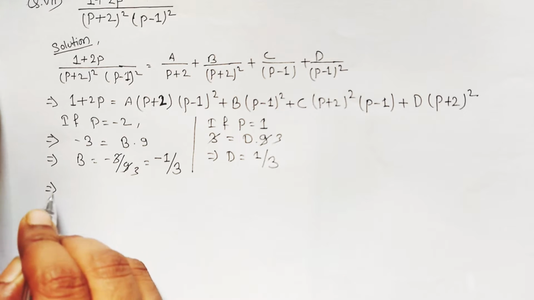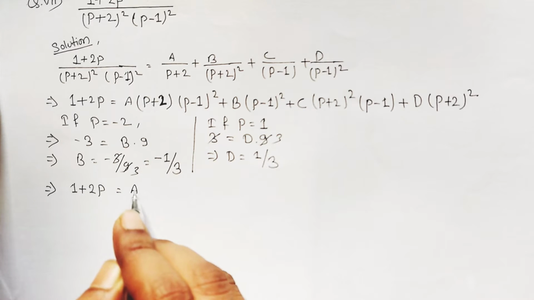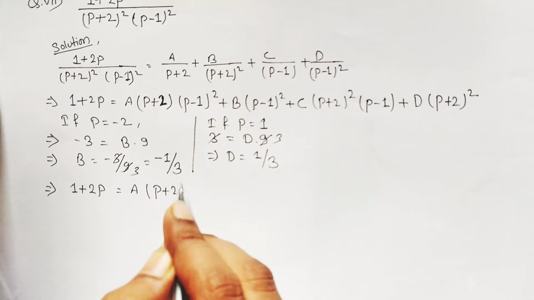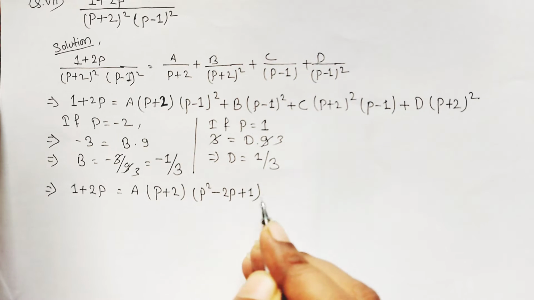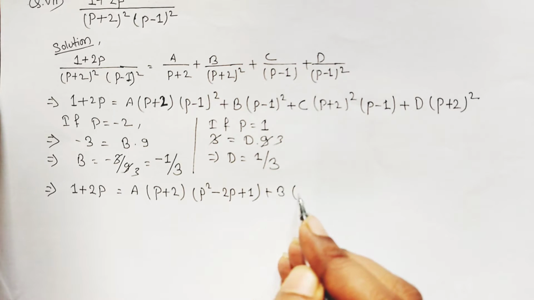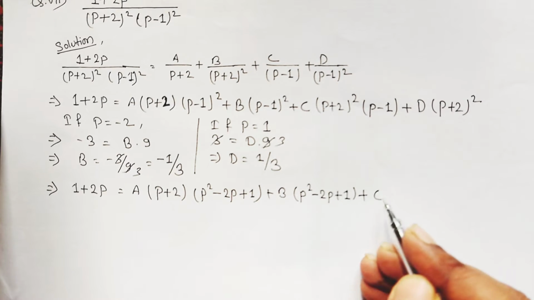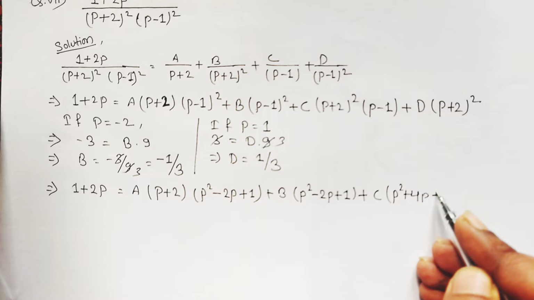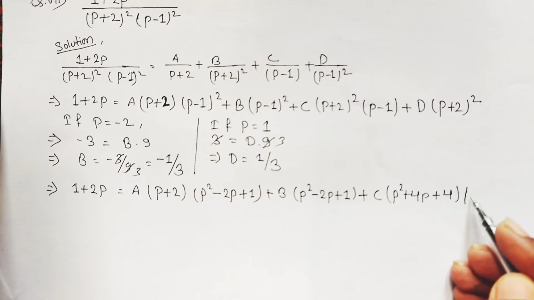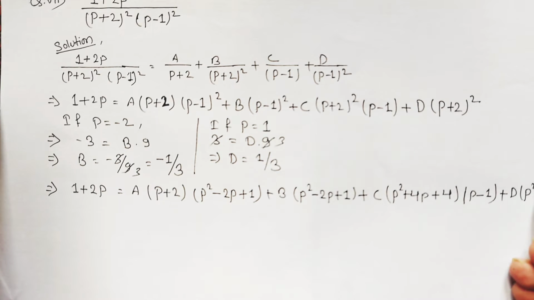See here, we have 1 plus 2p equals A times (p plus 2) times (p square minus 2p plus 1) plus B times (p square minus 2p plus 1) plus C times (p square plus 4p plus 4) times (p minus 1) plus D times (p square plus 4p plus 4).